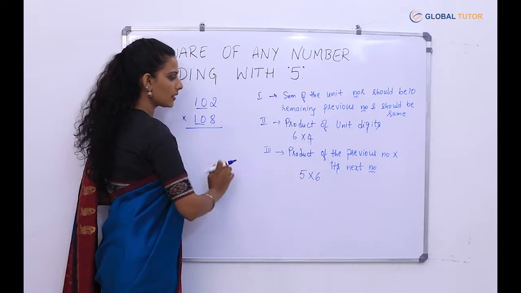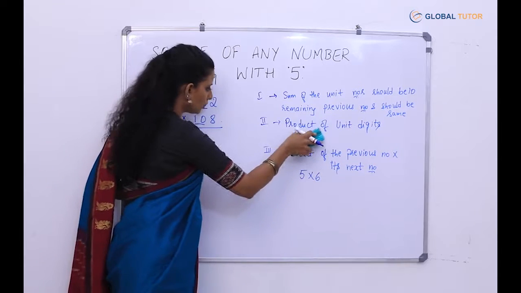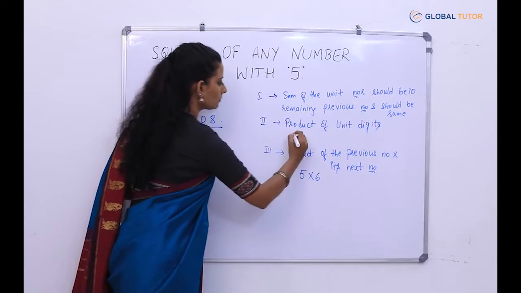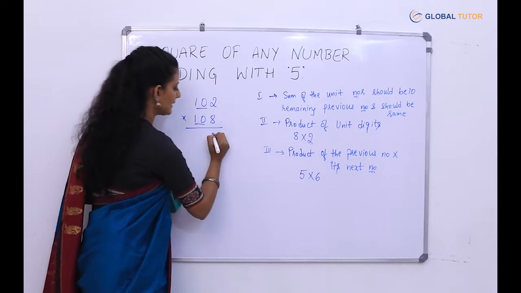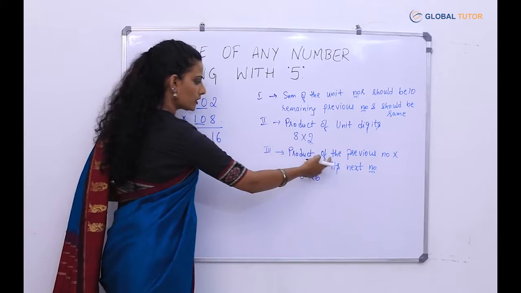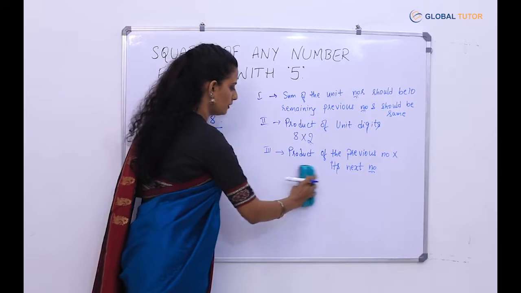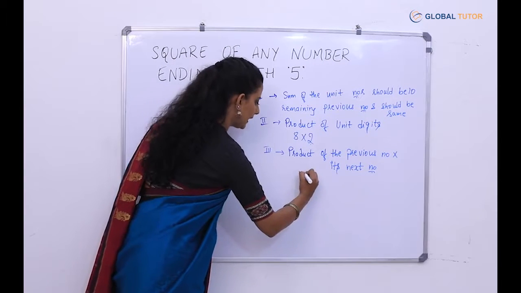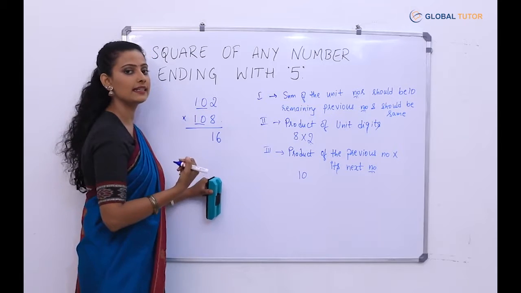Now what is the second step? Product of the unit digits, which is 8 into 2. What is 8 into 2? 16. Now the third step, product of the previous number into its next number. 10 is the previous number, so its next number is 11.